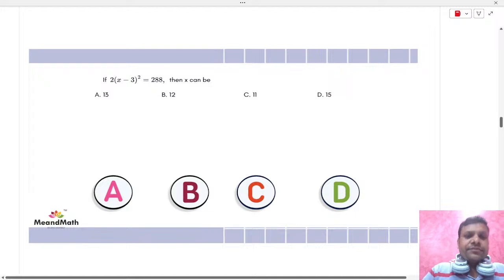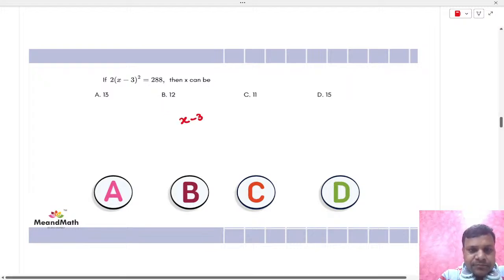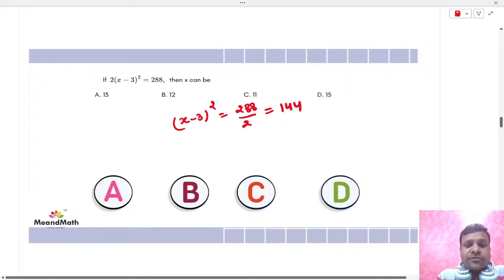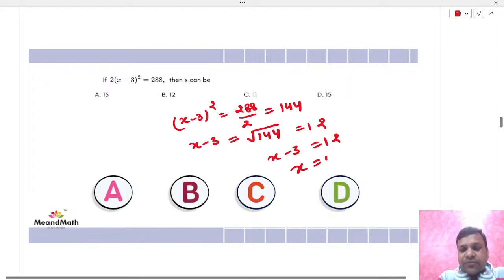Come to the solution. So x minus 3 whole square is equal to 288 upon 2. This is 144. So x minus 3 is equal to square root of 144. And we all know that square root of 144 is 12. So x minus 3 is equal to 12. So x is equal to 15.